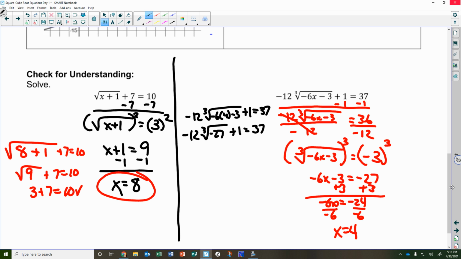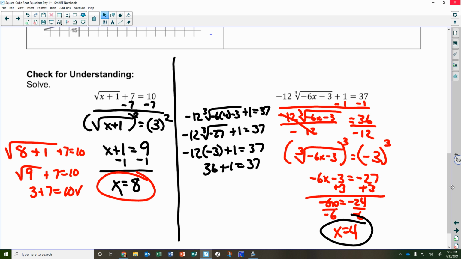And when I take the cubic root of negative 27, I get negative 3. And negative 3 times negative 12 is 36. And 36 plus 1 is 37. There we go. You can see that I have solved it because it checks on both sides, and we're good to go. All right, so that is day one of the square and cubic root equations.